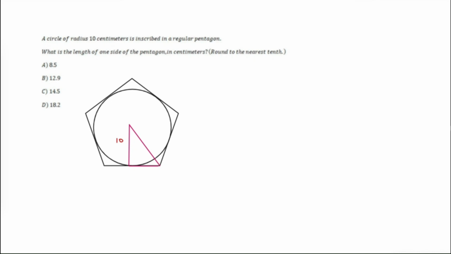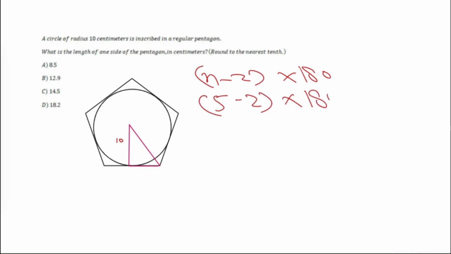Now we can find the sum of interior angles of the pentagon by the formula (n minus 2) times 180. So the sum of interior angles would be (5 minus 2) times 180. Here n equals 5 since a pentagon has 5 sides. So this will become 3 multiplied by 180, that is 540.